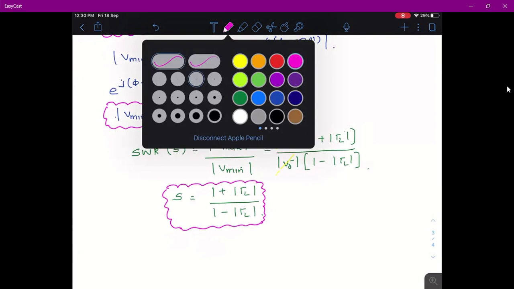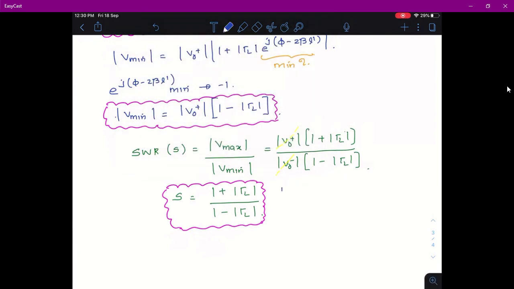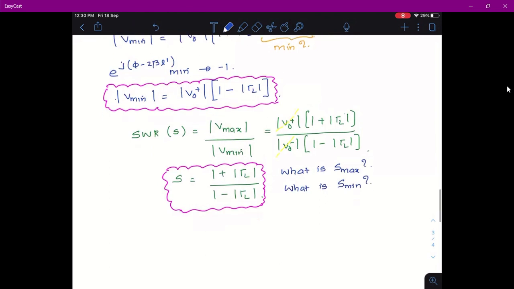Okay. So, you can look into what is the maximum value of standing wave ratio, what is the minimum value of standing wave ratio, and what happens to reflection at the maximum and minimum values of standing wave ratio.